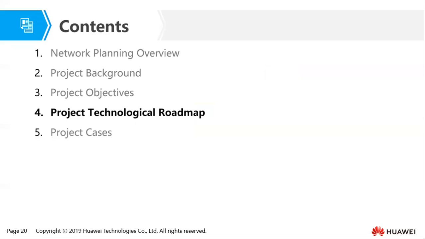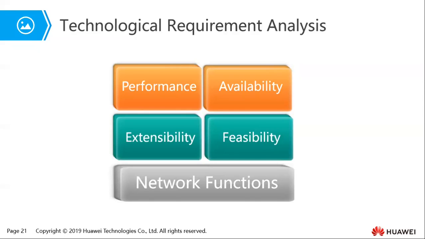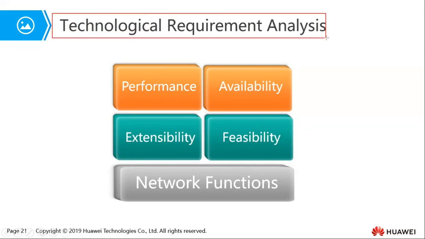Okay, so again, during the planning stage, we need to find the technological roadmap. So let's look at that and what it means. Now, in the technological roadmap, we need to do a technological requirement analysis.